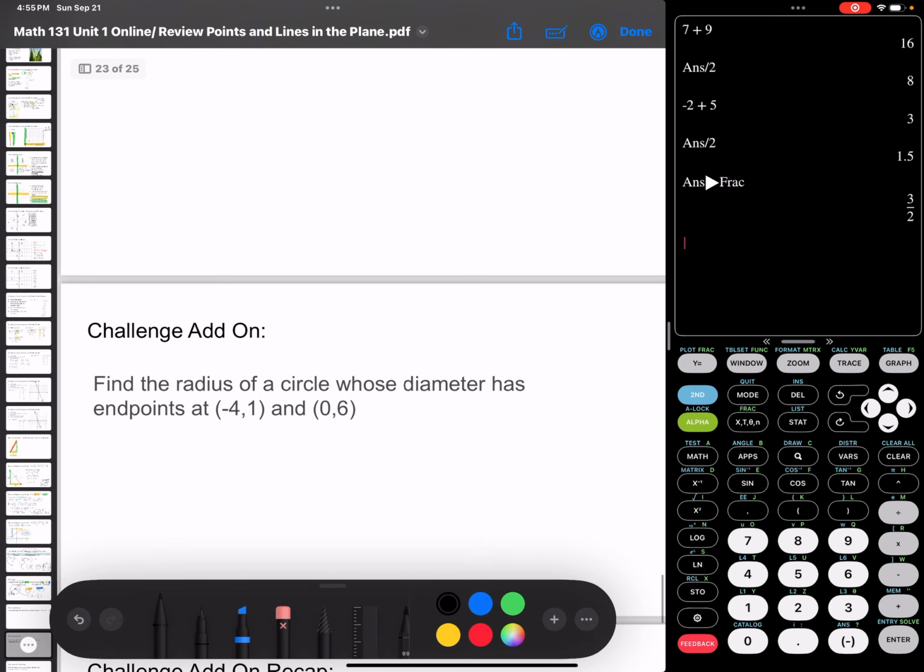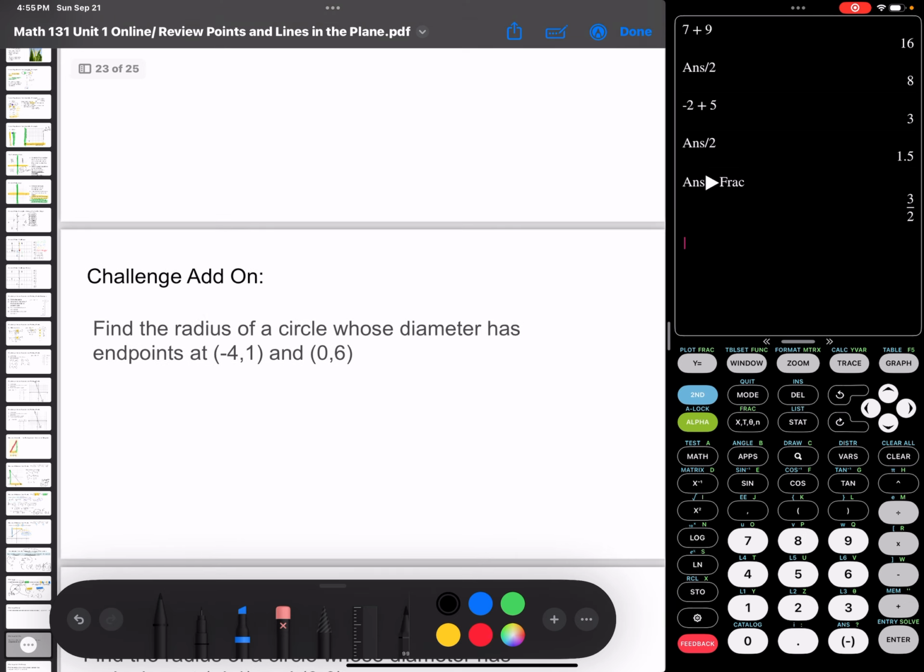Could you find the radius of a circle? I think you can. To find the radius of the circle whose diameter has those endpoints, remember, we've got this circle and we've got a diameter with these endpoints. We want to find the radius.